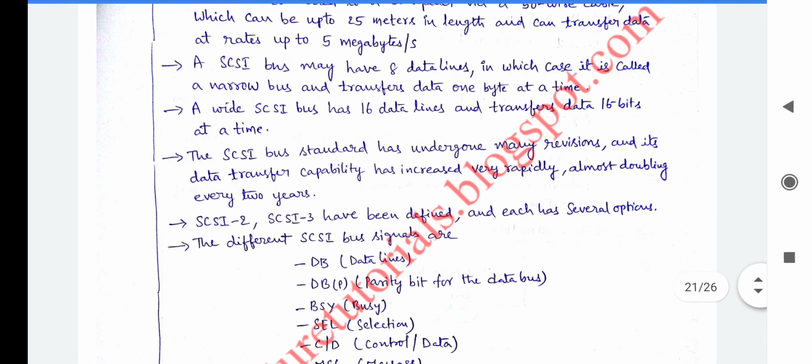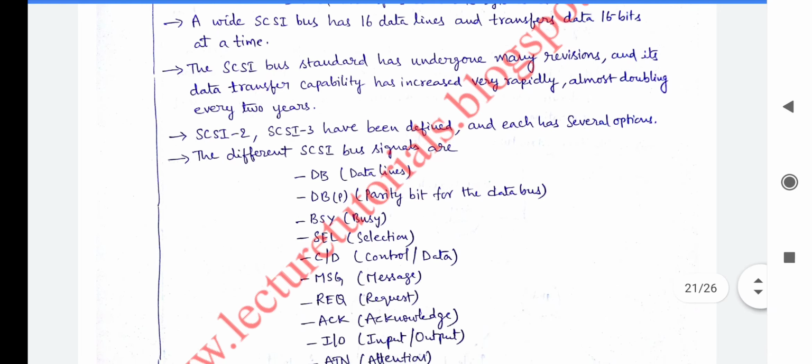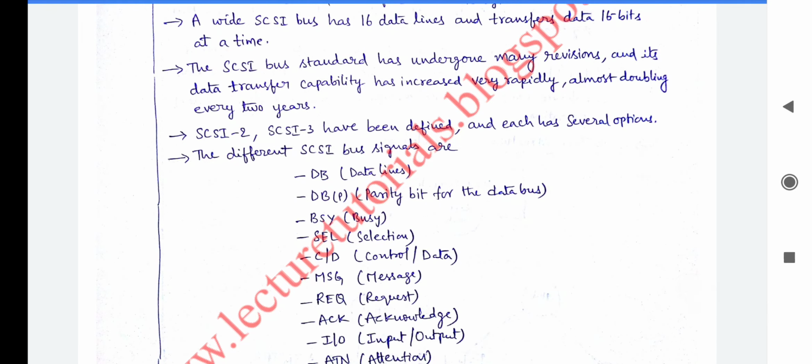The SCSI bus standard has undergone revisions, and its data transfer capability has increased very rapidly, almost doubling every 2 years. SCSI 2, SCSI 3 are the versions.